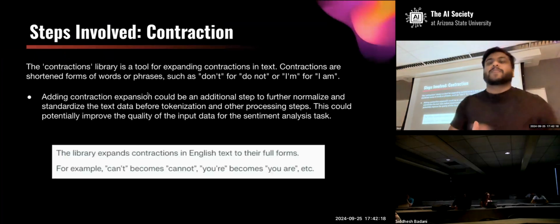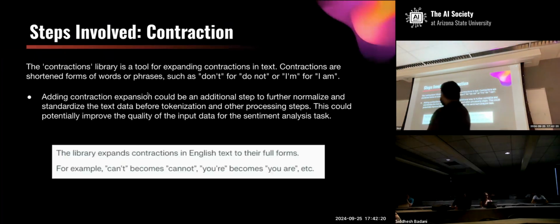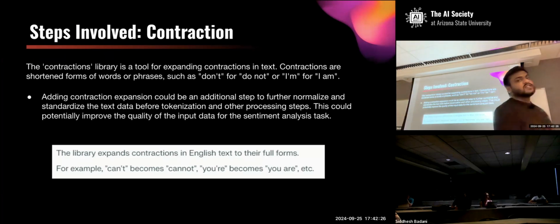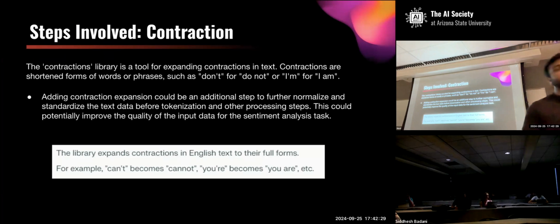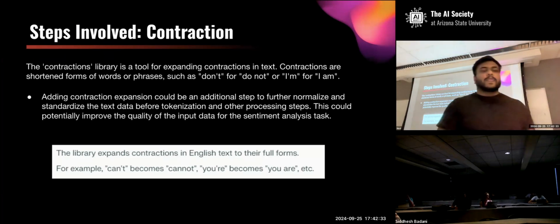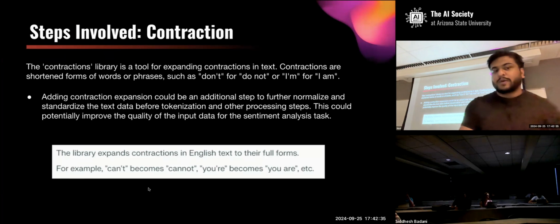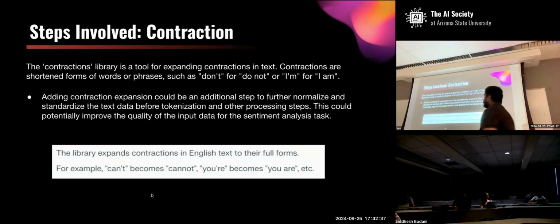So, okay, moving on. Since we removed most of the unnecessary things from our text data, whatever we are left with is, we can say, only the important words or the information. But again, if you see this example over there, it's written as can't, but can't and cannot are basically the same thing.